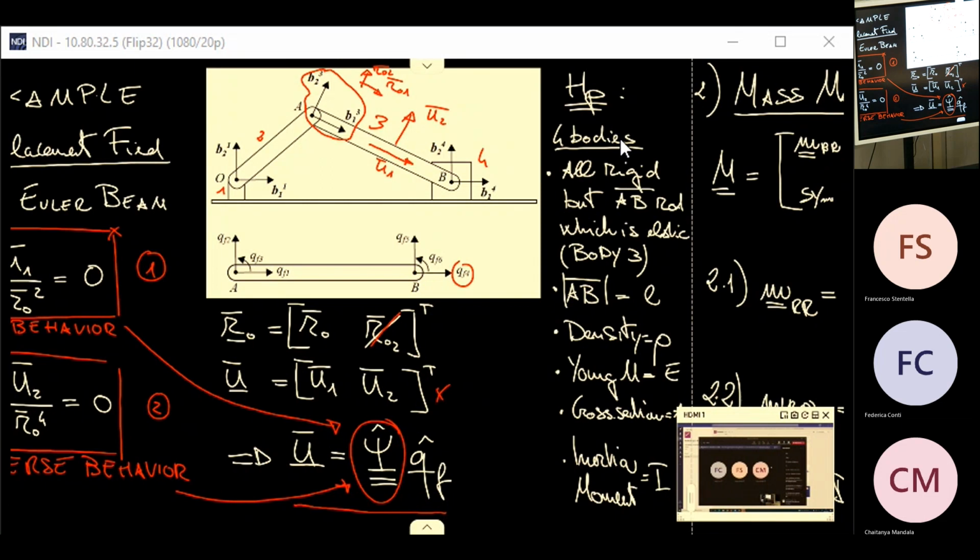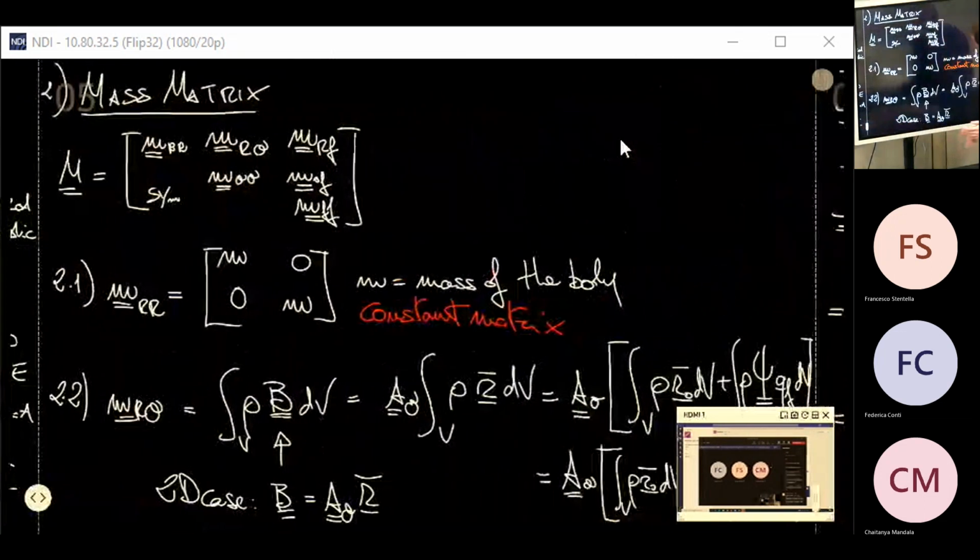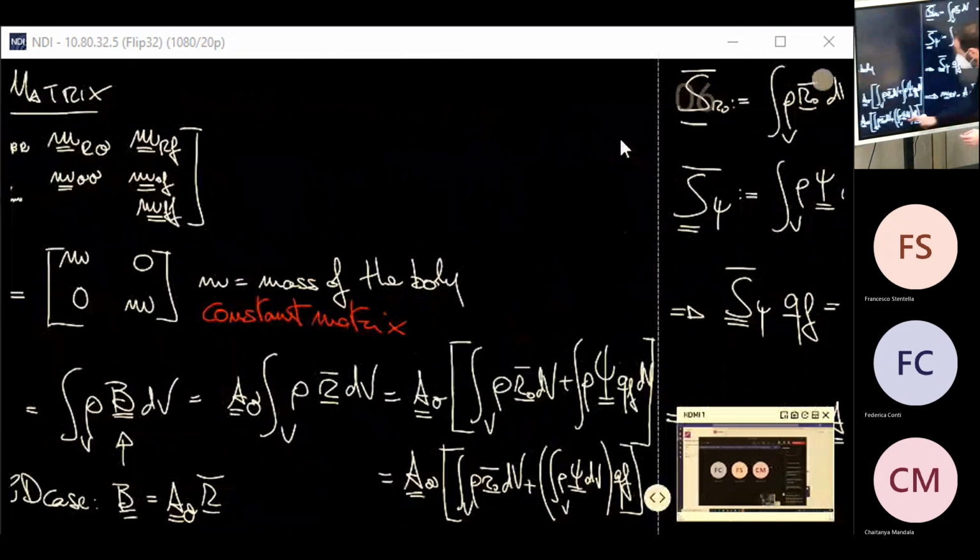So these are all checks that you can make to see, okay, what do I get here? Is this actually correct or not? At least from a conceptual point of view.